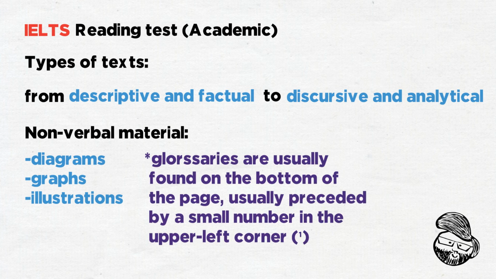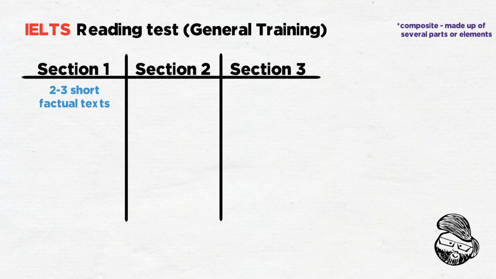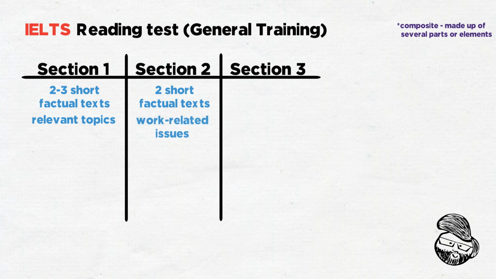On the other hand, if you decide to take IELTS General Training Test, the reading part is going to look like this. Section 1 consists of 2 or 3 short factual texts, one of which may be composite. That means it consists of 6 to 8 short texts related by topic. For example, hotel advertisements. Topics are relevant to everyday life in an English-speaking country. Section 2 consists of 2 short factual texts focusing on work-related issues.